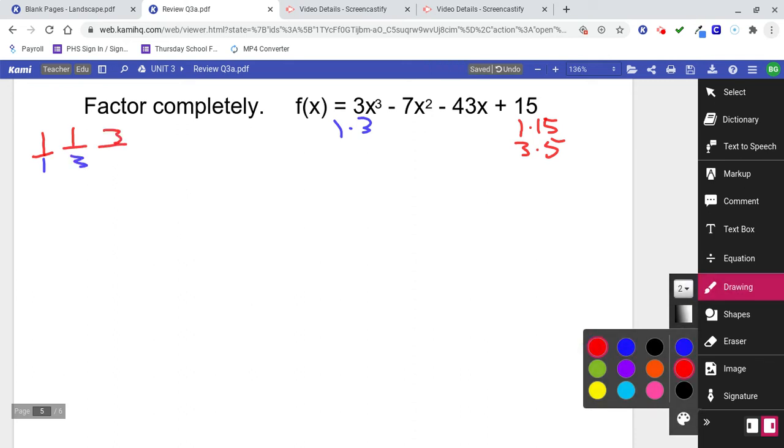And 3 over 1 and 3 over 3. And 5 over 1 and 5 over 3 and 15 over 1.